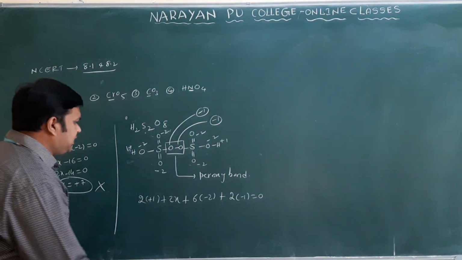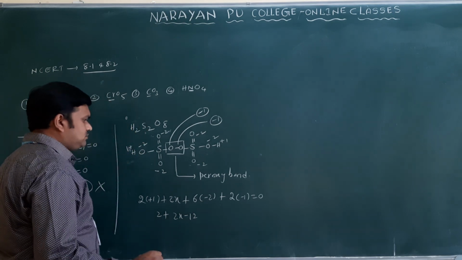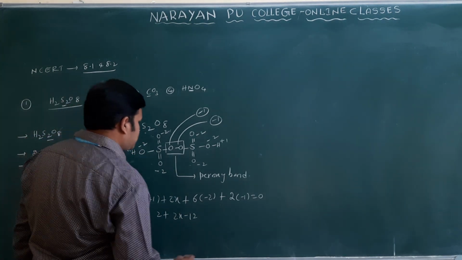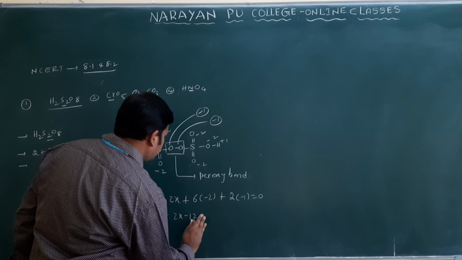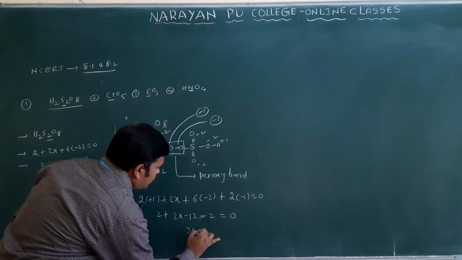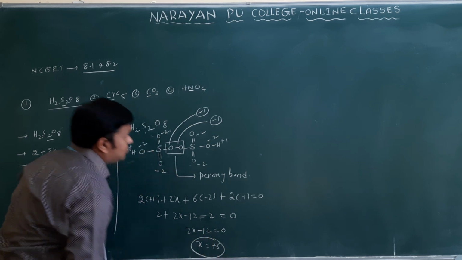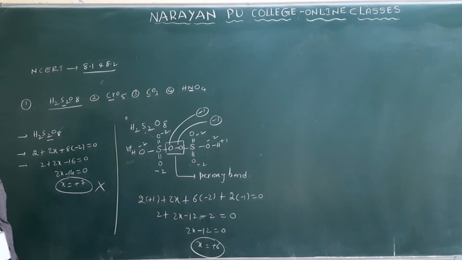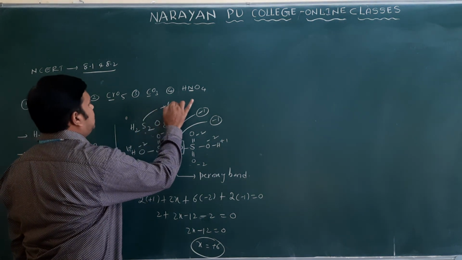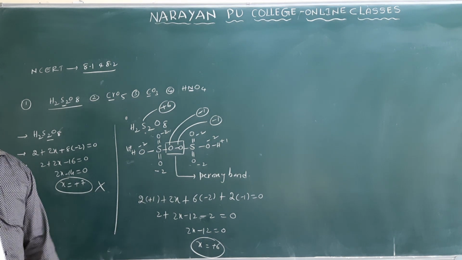Now we write 2 plus 2x minus 12 minus 2 equal to 0. The 2 and -2 cancel, then 2x minus 12 equals 0, so x equals +6. So the oxidation state of sulfur in H2S2O8 is +6, because of the peroxy bond.